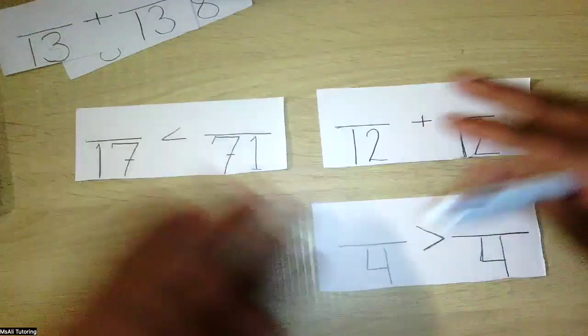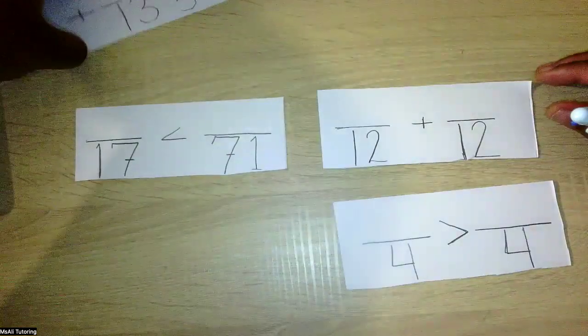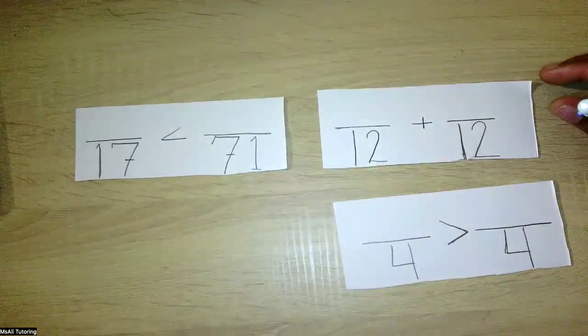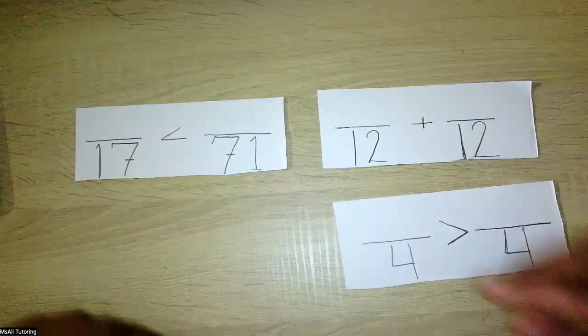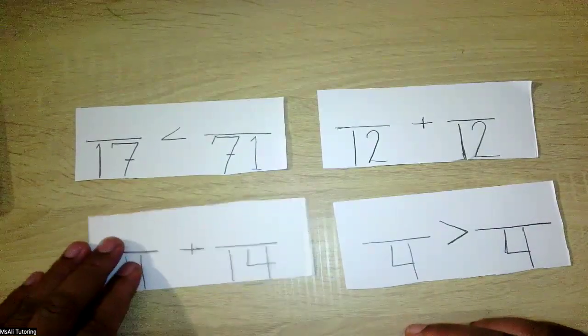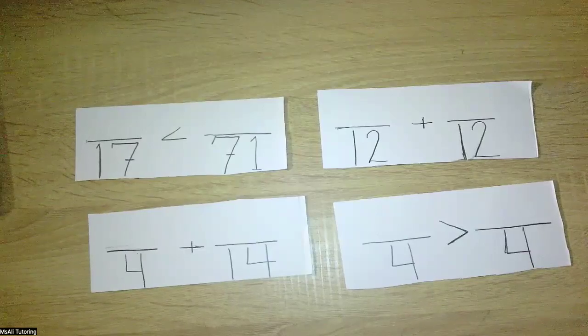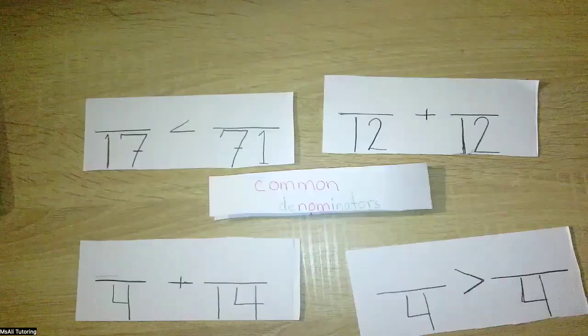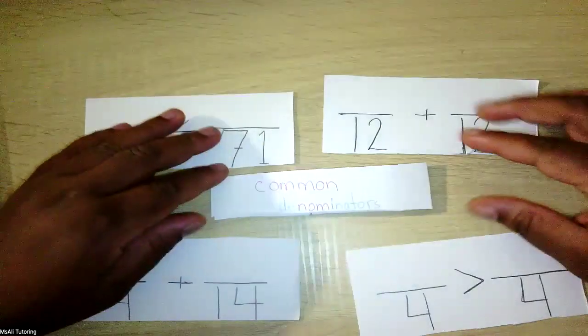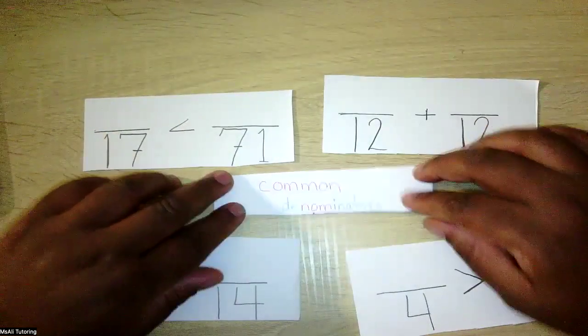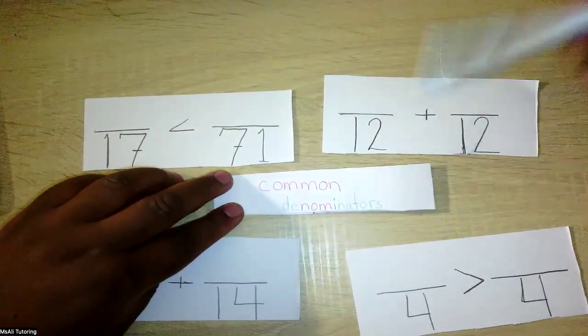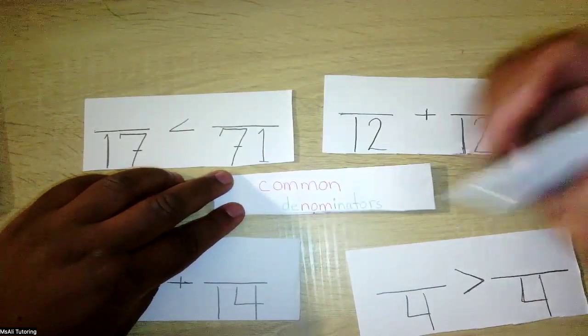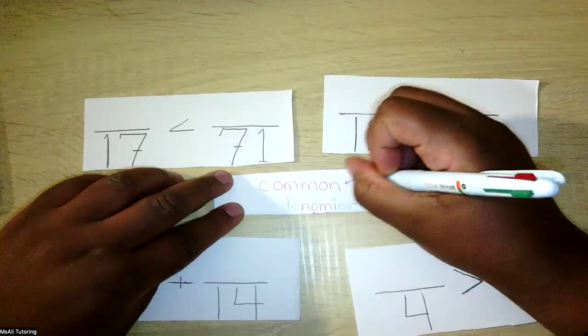So when our denominators match, take a look at these. When a set of fractions have the same denominator, they have a denominator in common, we call those common denominators. In the phrase common denominator, common, its meaning is just same.